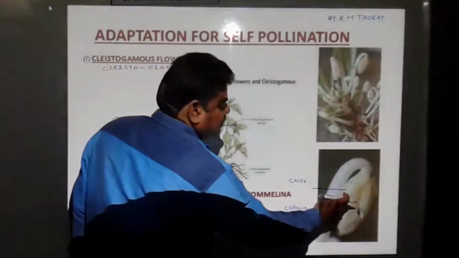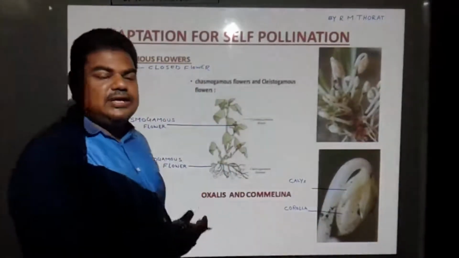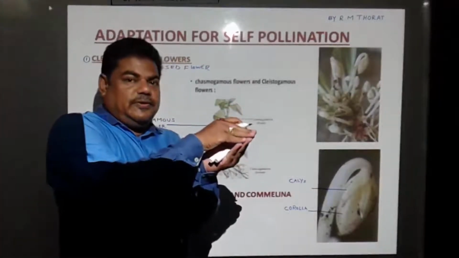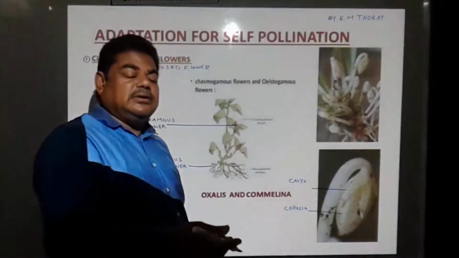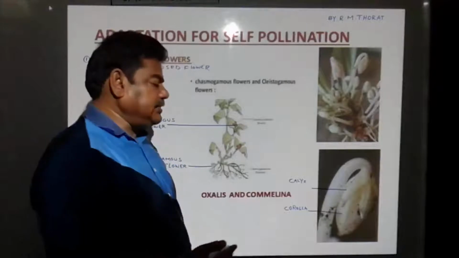It consists of the calyx and the corolla. The corolla in these flowers is closed, and inside the corolla the reproductive organs, androecium and gynoecium, are present.